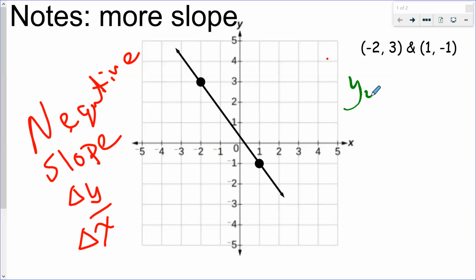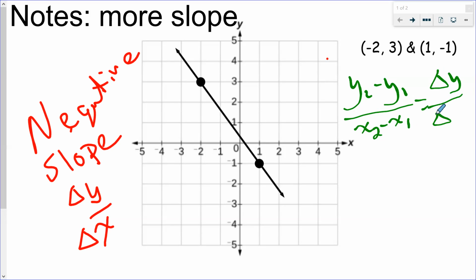It is y2 minus y1 over x2 minus x1, or the change in y over the change in x.